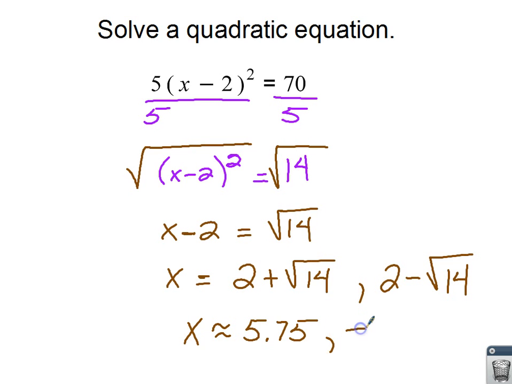We have negative 1.74. And that is where the parabola is going to come close to intercepting the x-axis.